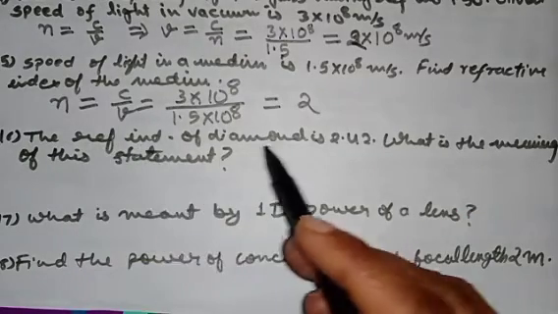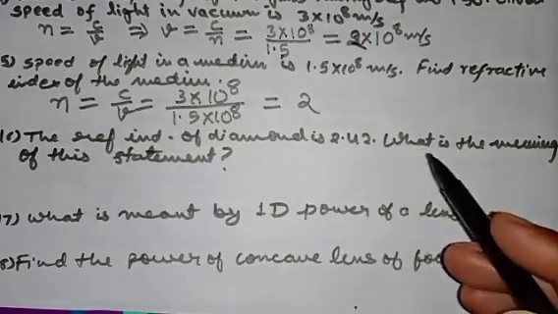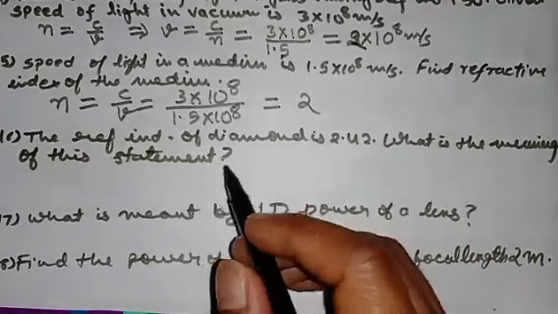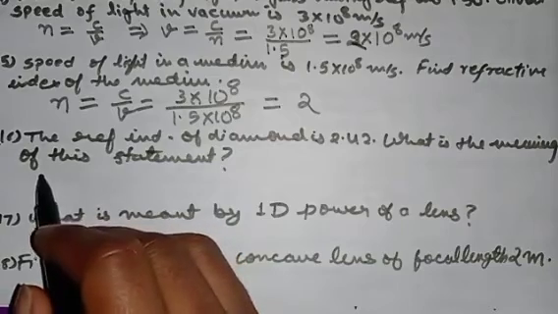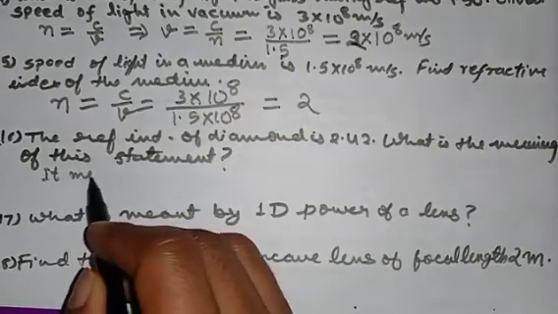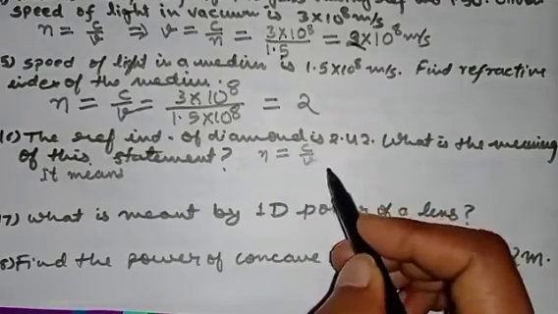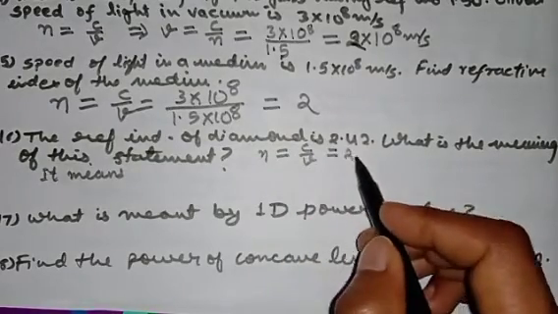The refractive index of diamond is 2.42. What is the meaning of this statement? In a very simple manner we can say, refractive index equal to c by v. It means c by v equal to 2.42.